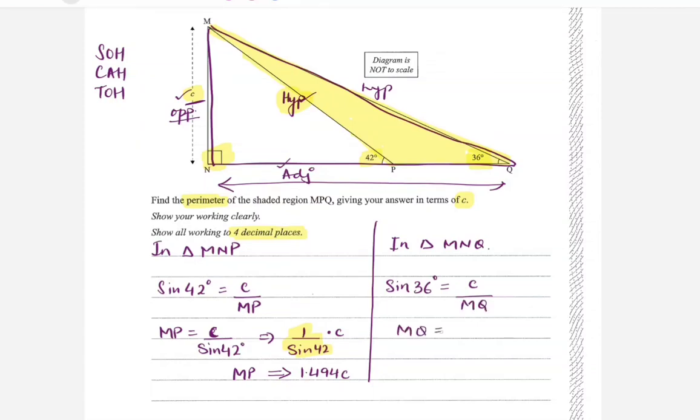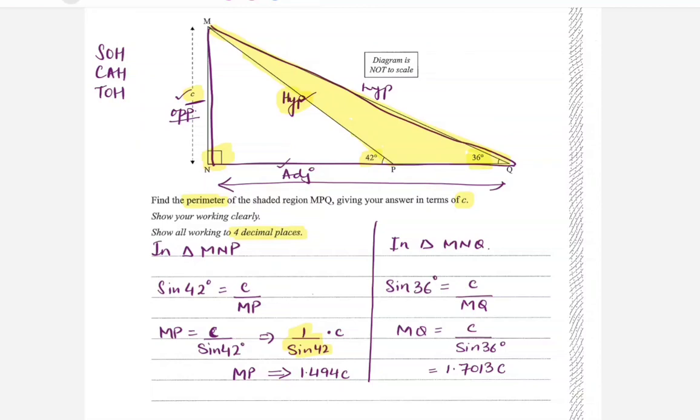So MQ is equal to C over sine 36 degrees. Again, you can make it 1 over sine 36 and put that into the calculator, and that will give you the answer 1.7013 C. All right, we need 4 decimal places. Make sure you're using 4 decimal places.